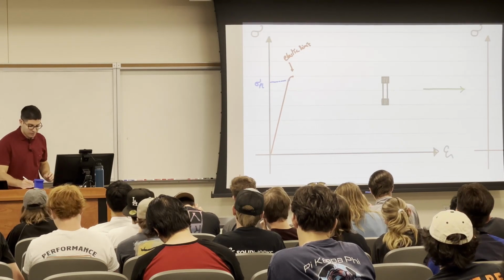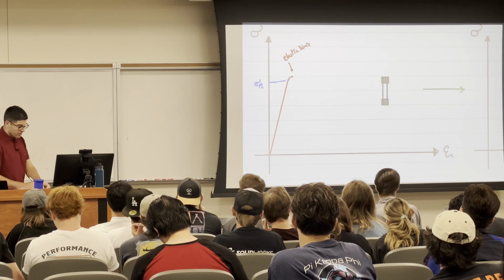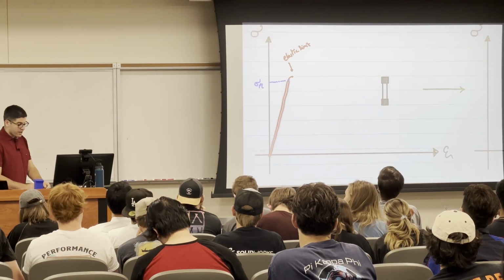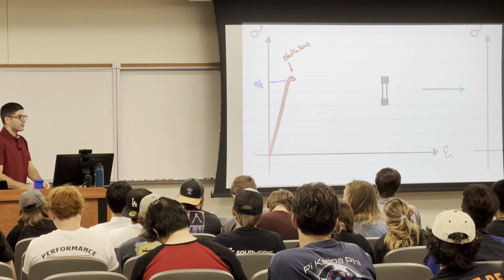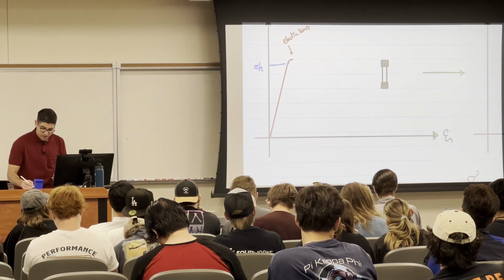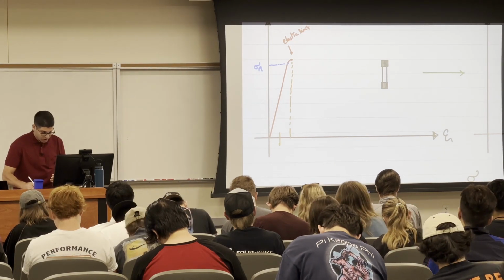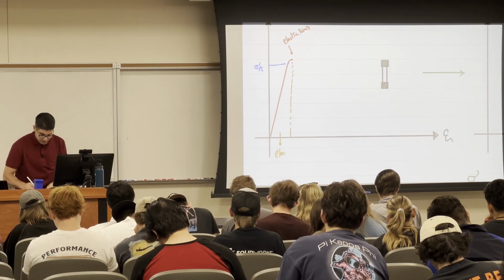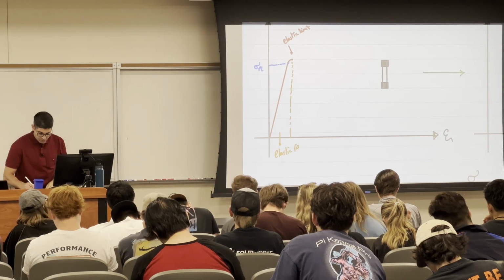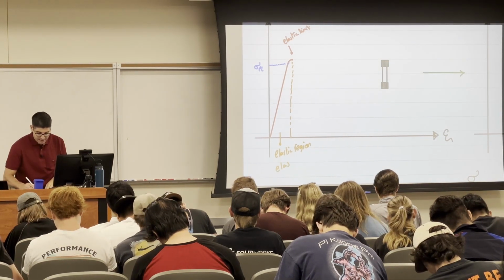But what is the difference between proportional limit and elastic limit? One of them is linear elastic and the other one is not linear. So this whole region, we call the elastic region, and the material behaves elastically.